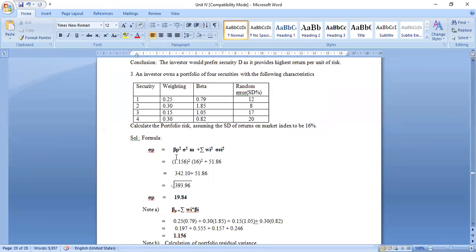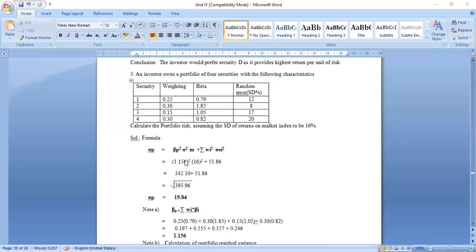So here you have beta of portfolio squared into the variance of the market index plus the summation of the proportion of residual variance, that is random error, which we have to convert into variance.